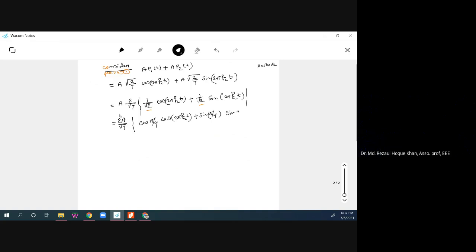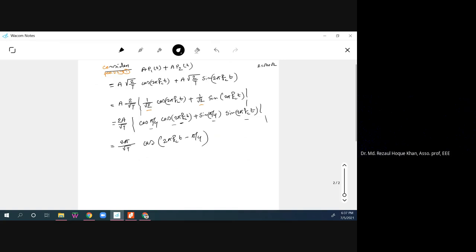Now this gives us cos a cos b plus sin a sin b, which is cos(a minus b). So treating this as a, we get 2A by square root of T cos(2 pi fc t minus pi by 4).